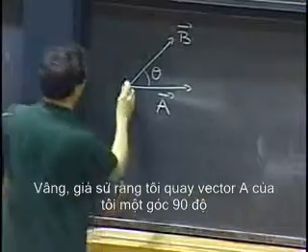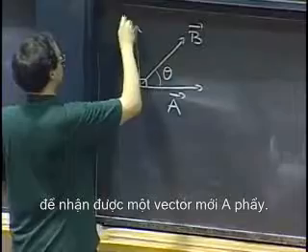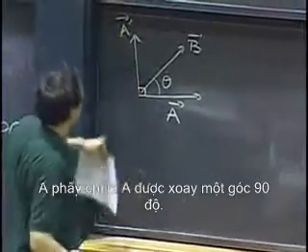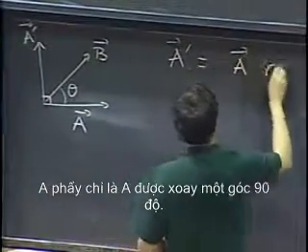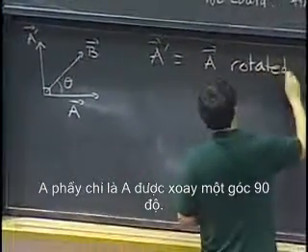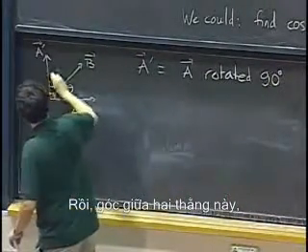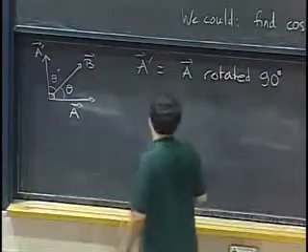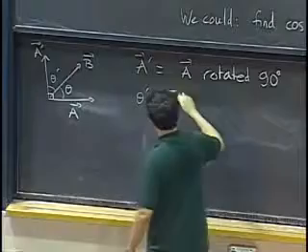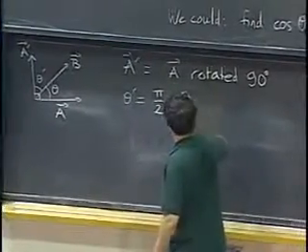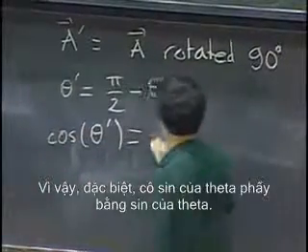Let's say that I rotate my vector A by 90 degrees to get a new vector A prime. Okay, so A prime is just A rotated by 90 degrees. Then the angle between these two, let's say theta prime, well, theta prime is 90 degrees or pi over 2 radians minus theta. So in particular, cosine of theta prime is equal to sine of theta.